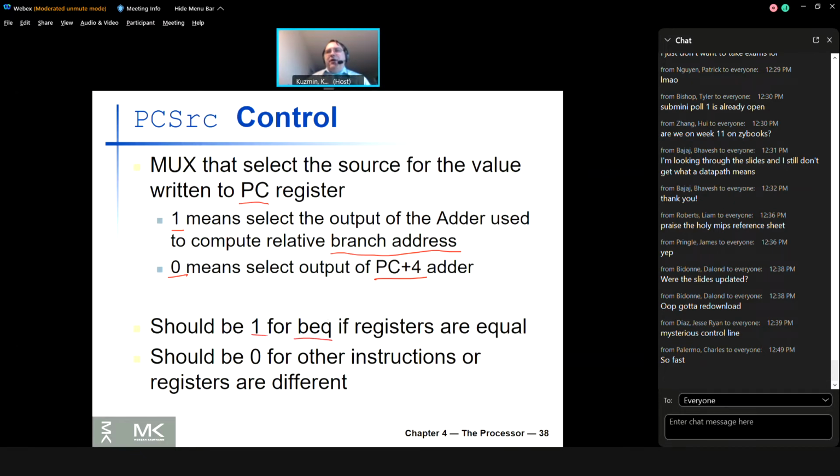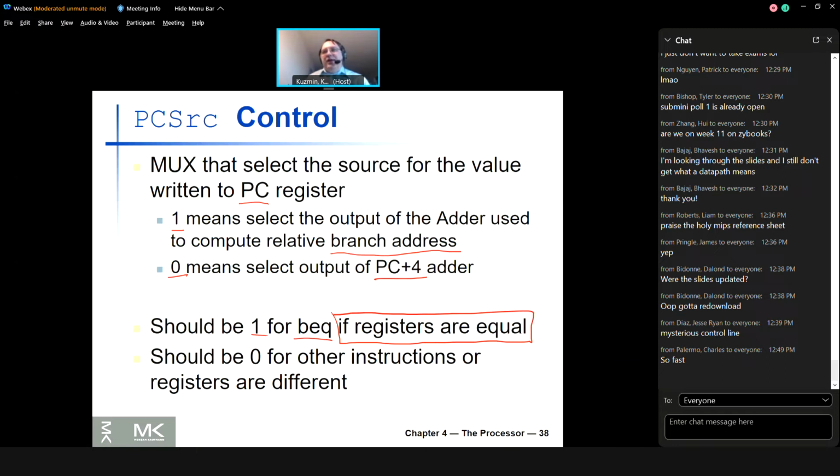BEQ if registers are equal. So this is important because there is this if, right? And if registers are equal is not something that you can derive from the instruction code or any part of the instruction itself. So this one is a little bit more complicated, because there are two conditions. BEQ, you know whether an instruction is BEQ or not from the opcode, but whether registers are equal or not, that you don't know from the instruction. So you actually have to factor in the zero output of the ALU.